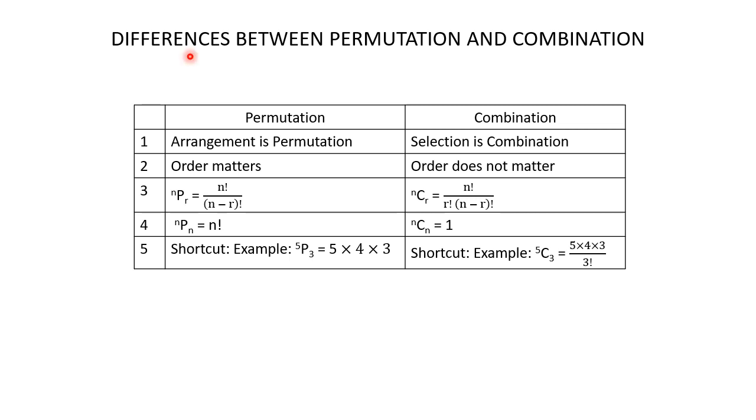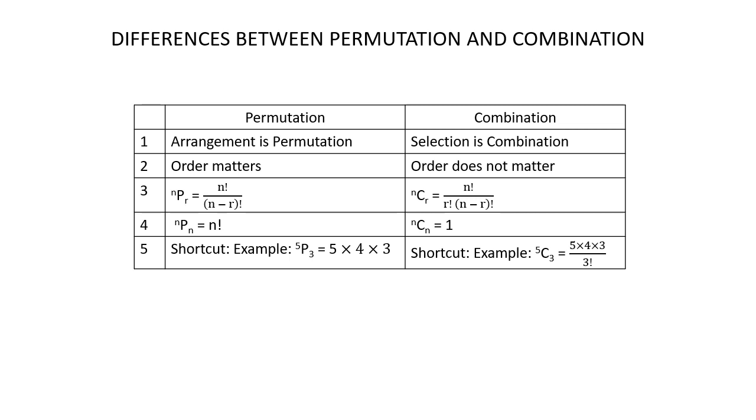Let's now look at the differences between permutation and combination. Arrangement is permutation. Selection is combination. Order matters in permutation. Order does not matter in combination. Permutation formula is NPR is equal to n factorial divided by n minus r factorial.